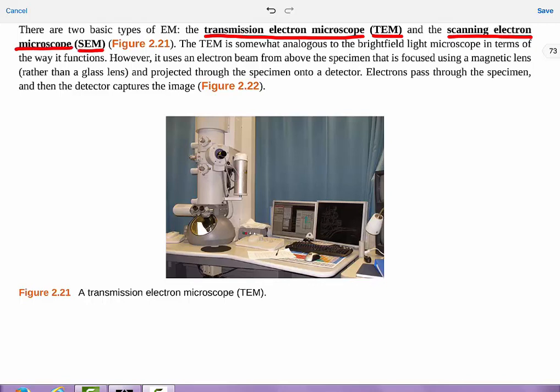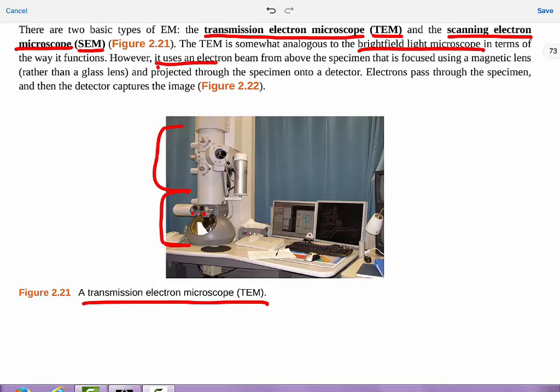The TEM is somewhat analogous to the Brightfield light microscope in terms of the way it functions. You can actually kind of see that here in this picture. It looks somewhat similar in some ways. We've got our little oculars there like the Brightfield microscope.